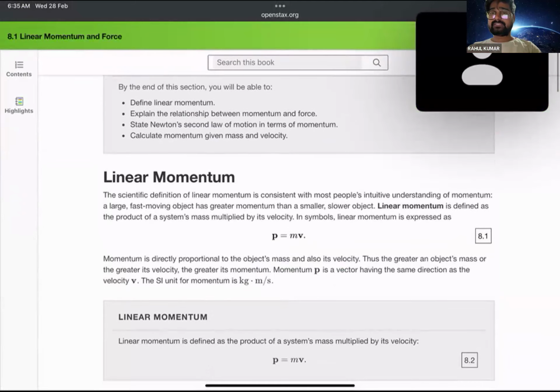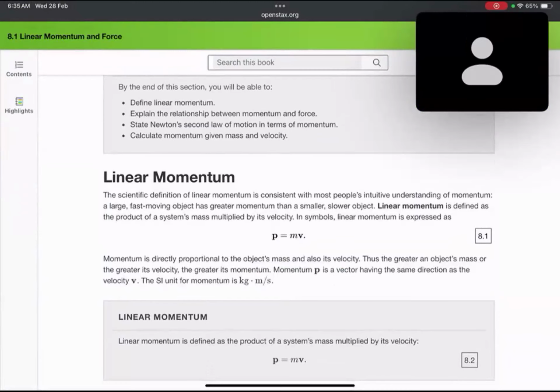linear momentum. So what is linear momentum? It is defined as the product of the system's mass, so what is the system we are choosing, multiplied by the velocity of that system. Remember, it's not speed. Momentum is the product of mass and velocity, not mass and speed. So the sign of the velocity is important, right?